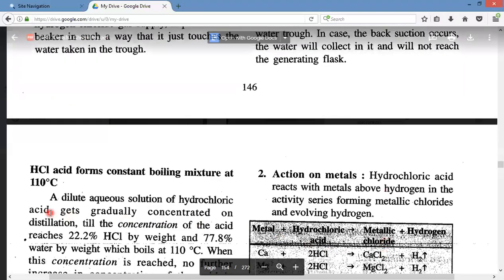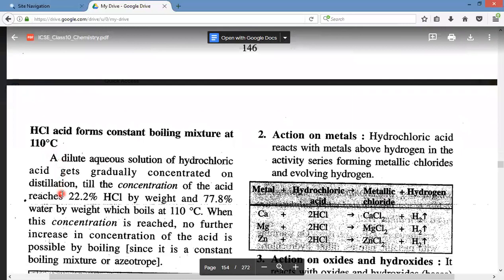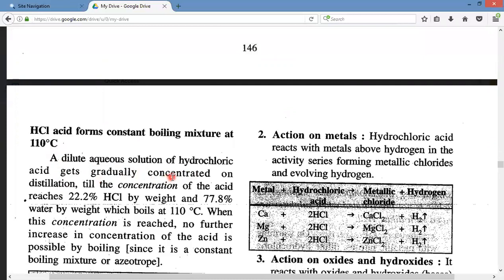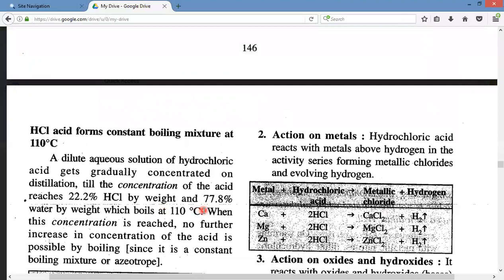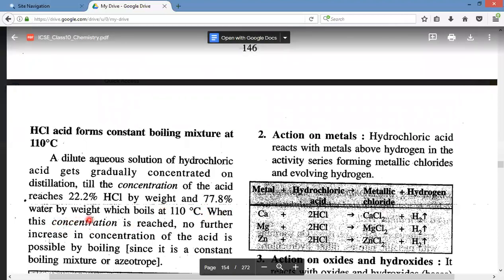After that, next topic is HCl gas forms a constant boiling mixture at 110 degrees Celsius. What does it mean? It means that when an aqueous solution of HCl gas is being concentrated, by adding more and more HCl gas, that can be done by the distillation process till the concentration of the HCl reaches 22.2% HCl by weight and 77.8% water by weight.